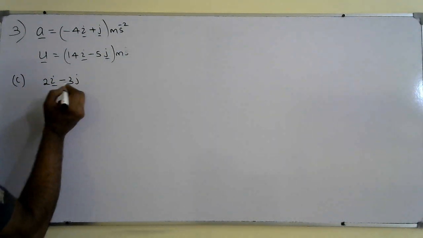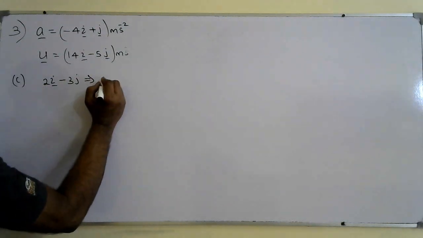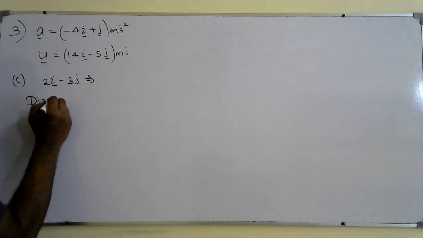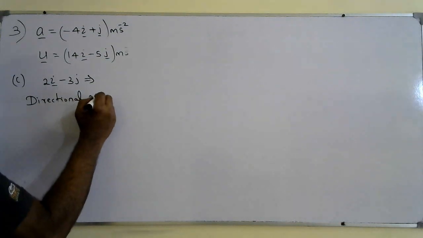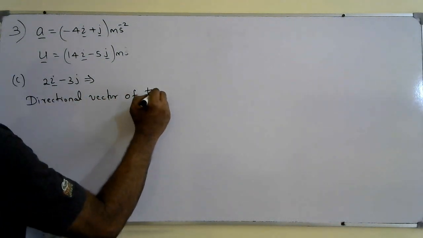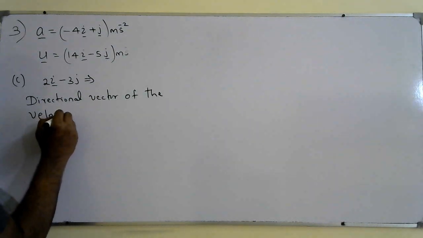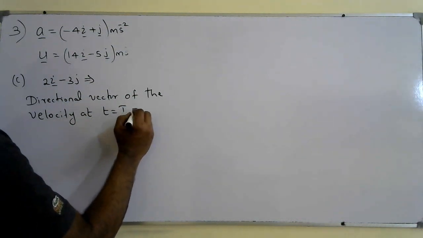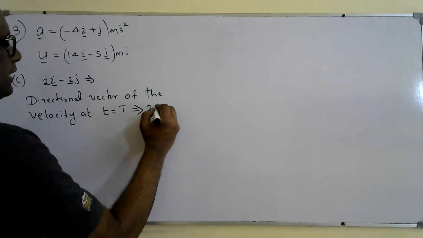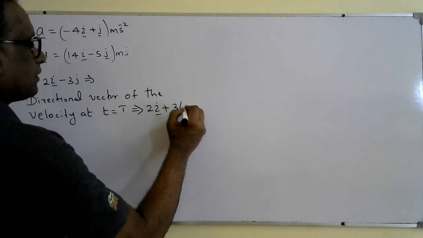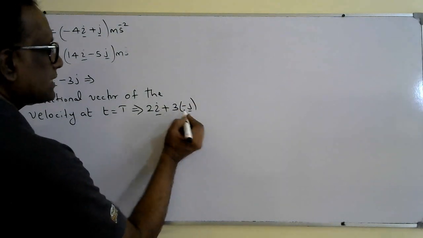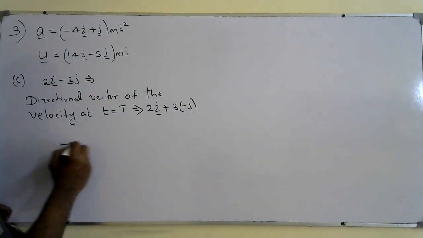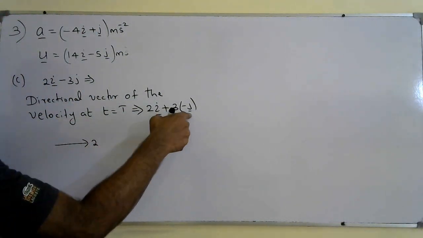We can write the directional vector of the velocity at t equal capital T as 2i plus 3 in the minus j direction. So that means 2 in the i direction, and 3 in the minus j direction.